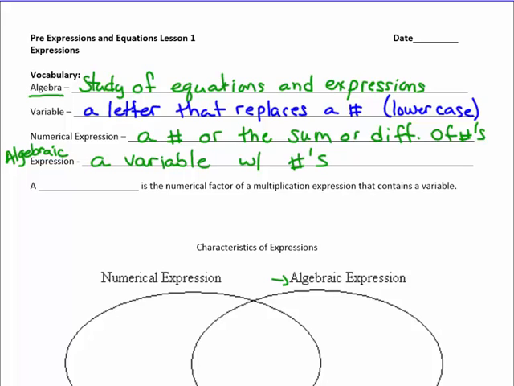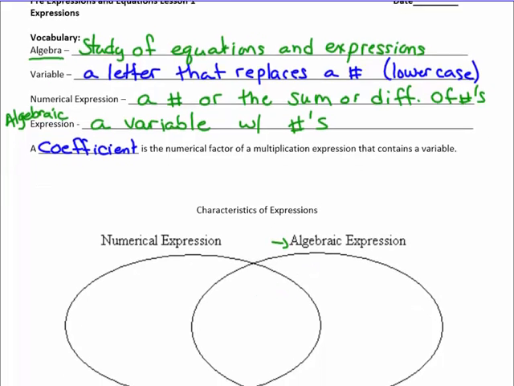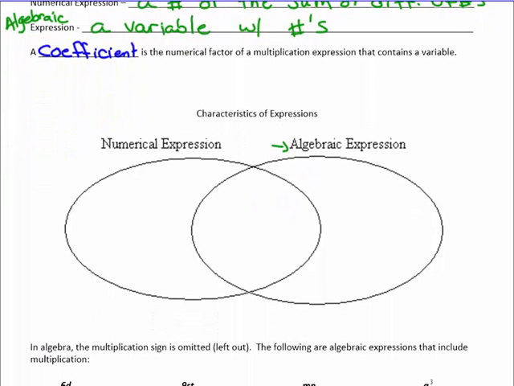In an algebraic expression, we have something that's called the coefficient, and the coefficient is the numerical factor of a multiplication expression that contains a variable, and we'll take a look at those. So, some characteristics of expressions. Some things they have in common: there are no equal signs. In either one, no matter what kind, no equal signs.